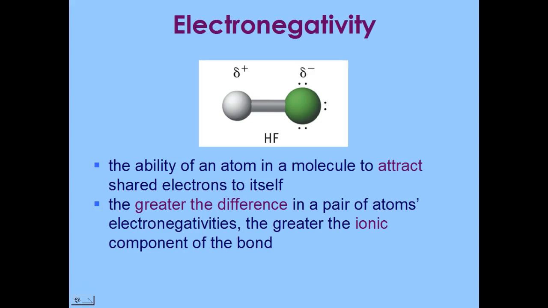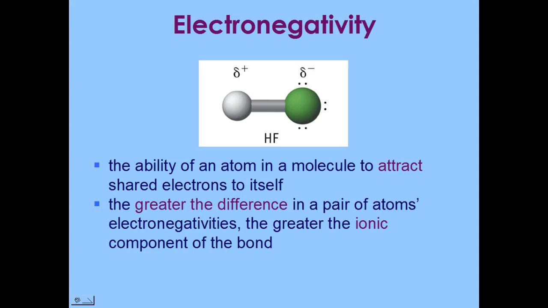And so it would have a much smaller electronegativity value assigned to it. So short story, electronegativity increases going across and decreases going down a group. Noble gases, again, are not assigned electronegativity values.